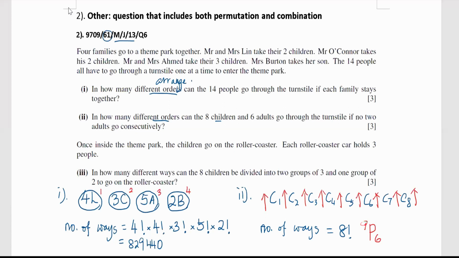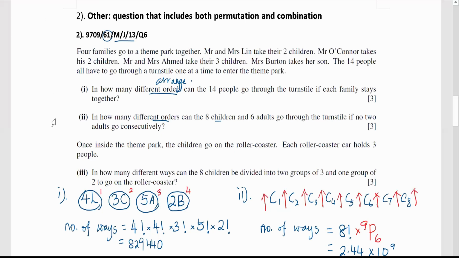So the number of ways will be given by 9 different places, P, and 6: randomly select any 6 of them and arrange the 6 adults. All right, so that will be given by 9P6 ways. And same thing, we multiply them together, and the number of ways is going to be 2.44 times 10 to the power of 9. All right, so that will be the answer for part 2.